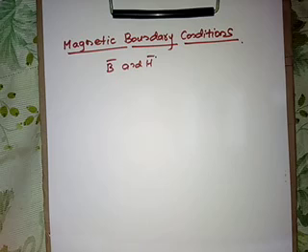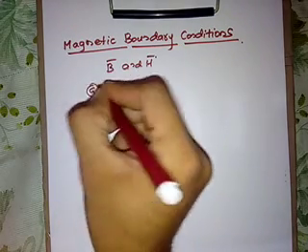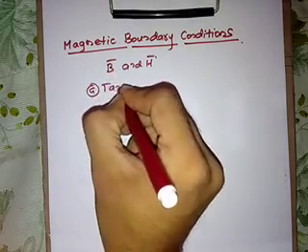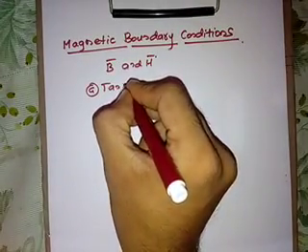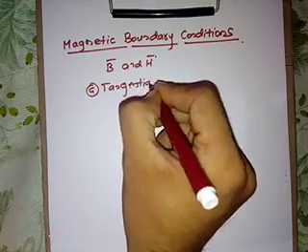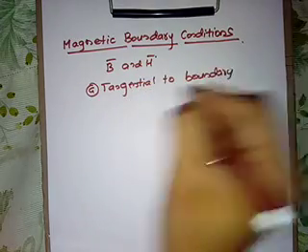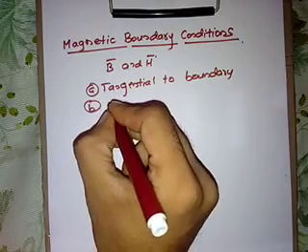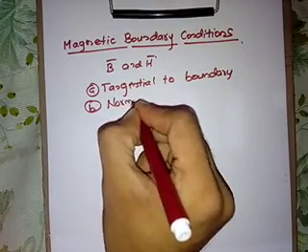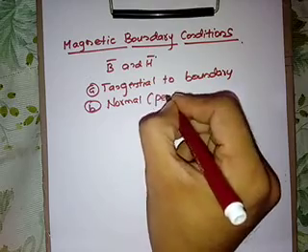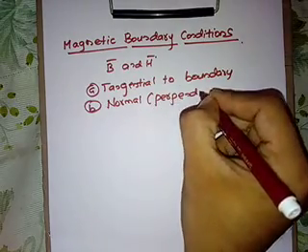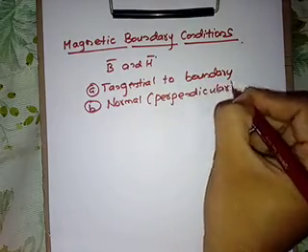So these two fields are resolved into two components. One is the tangential component, tangential to the boundary, and another one is normal or perpendicular to the boundary.